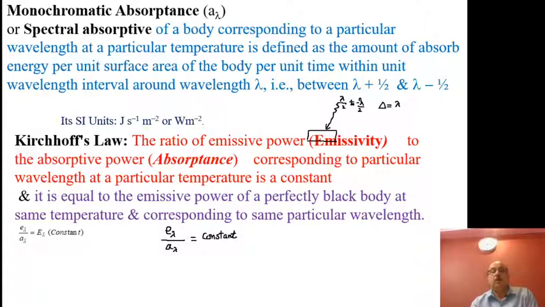According to Kirchhoff's law, the ratio of emissive power to the absorptive power corresponding to a particular wavelength at a particular temperature is constant. So we are defining E lambda by A lambda at a particular temperature is constant. And this law is called Kirchhoff's law.